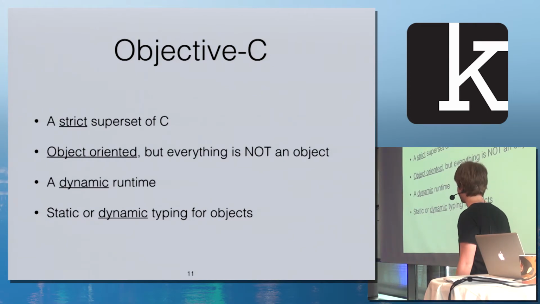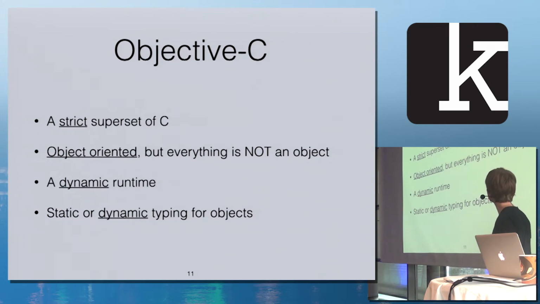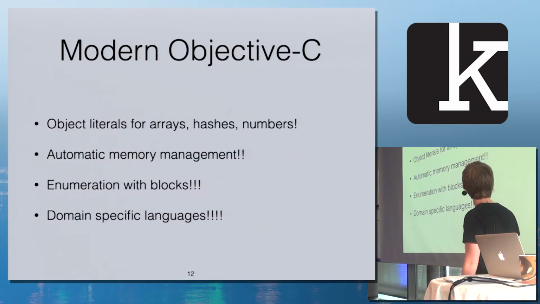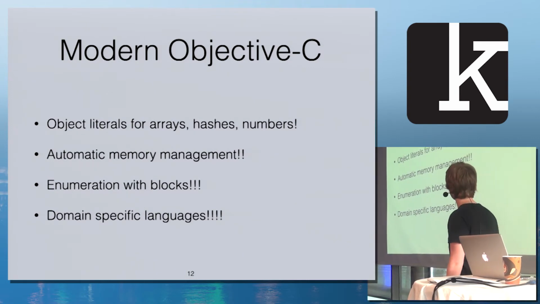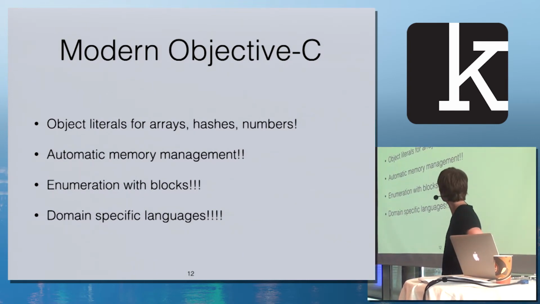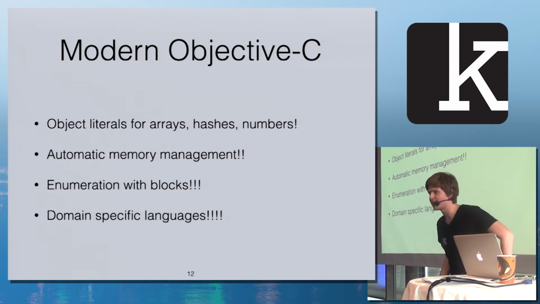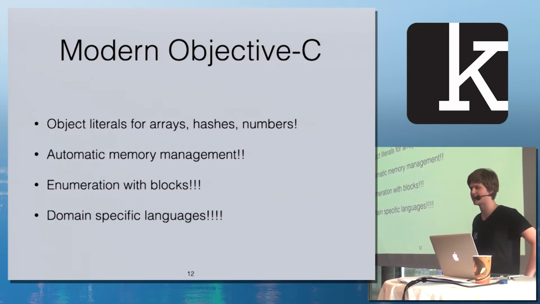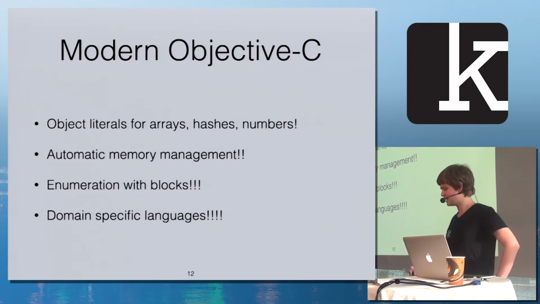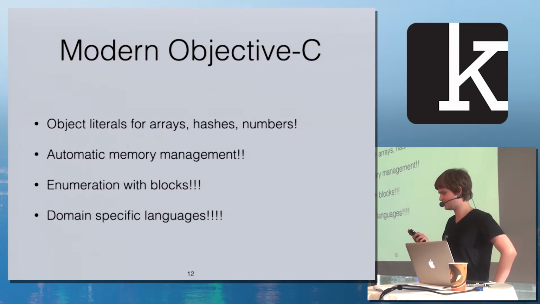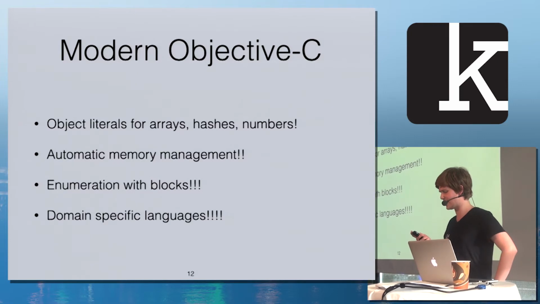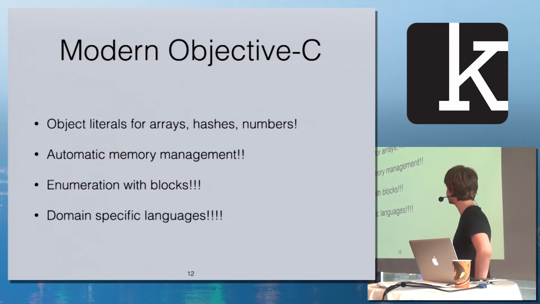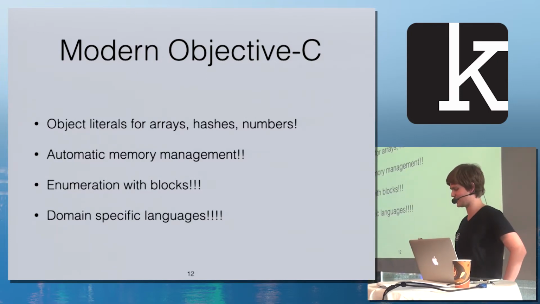So you don't actually have to type the objects if you don't want to, but it's still a good idea, and most developers do it. And in modern Objective-C, we have object literals for arrays. We have automatic reference counting, so we don't have to actually manage memory for objects. And we have blocks. We can enumerate things, and we can actually make domain-specific languages just like Ruby, because we have introspection and blocks.